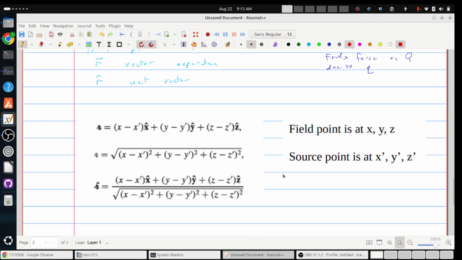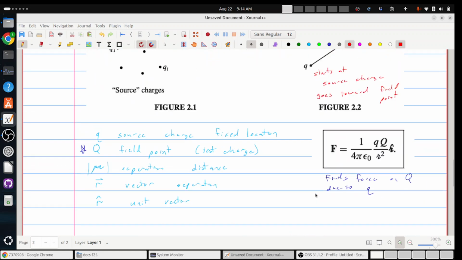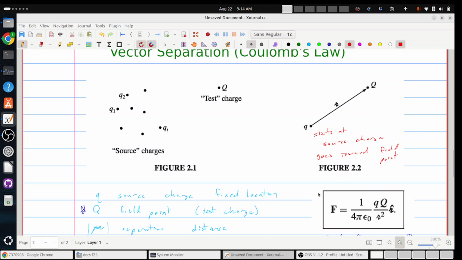Okay, so if I were to think about this, this one up here is my field point, so that's the x, y, z. And this is the x prime, y prime, z prime. And I'm starting here and going there.